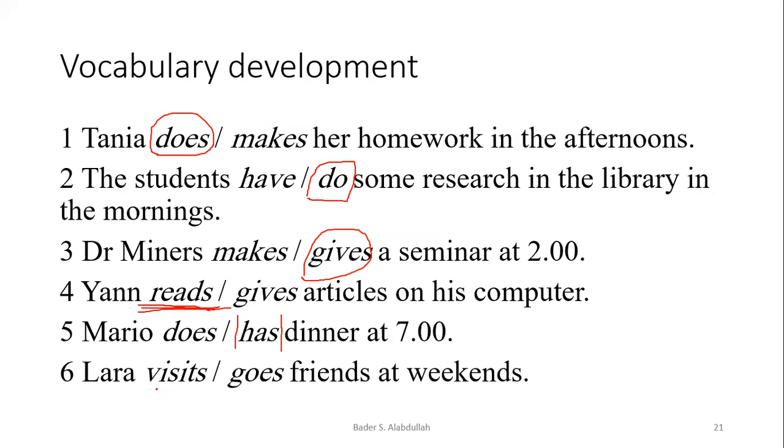Well, Lara visits friends at weekends. If you want to use goes, you have to say Lara goes to her friends at weekends. So goes to, not just goes, and not friends, her friends. Okay? So if you have just friends, you say Lara visits friends at weekends.